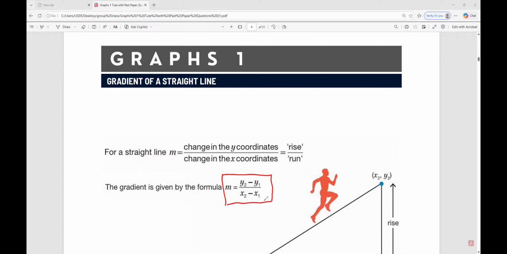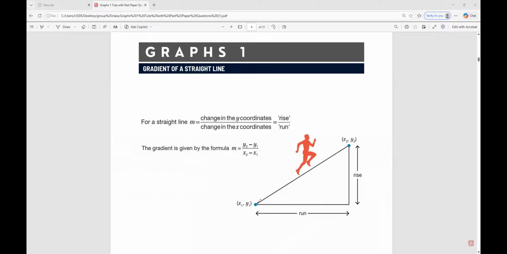Now you can see this is the line. We don't need to bother about whether it is passing through the x-axis or y-axis. We only need 2 points on that line. One point is here, the other point is this one. If we know the coordinates, we can use this formula.